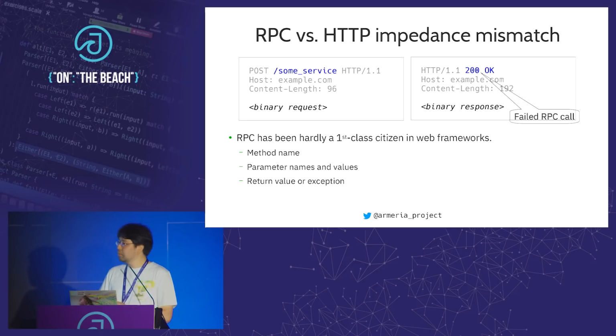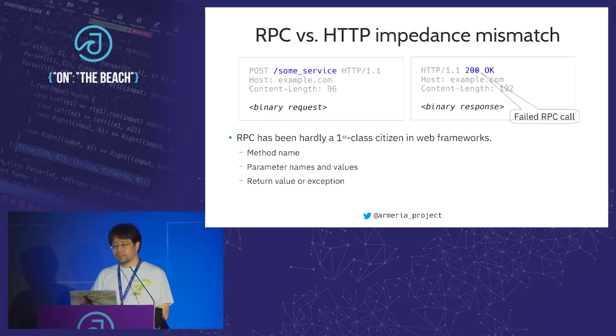This is a simple example of a usual RPC call over HTTP, which has failed at the business logic level. On the left, it's a request. On the right side, it's a response. If you look into the response, even if the request has failed, the HTTP status is 200 OK, which means success.